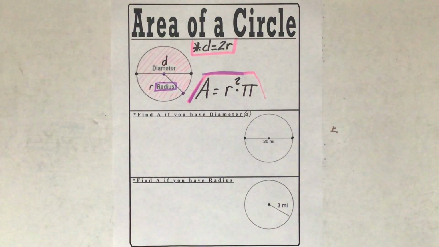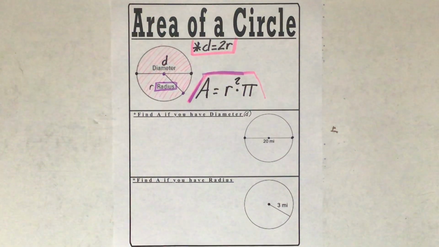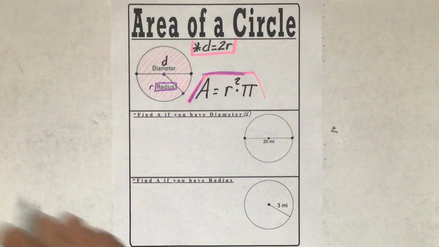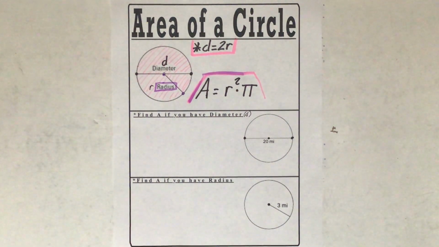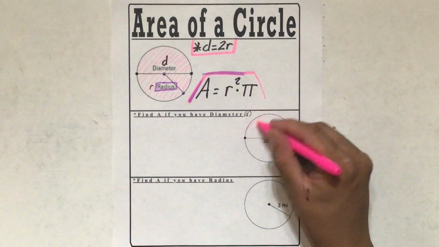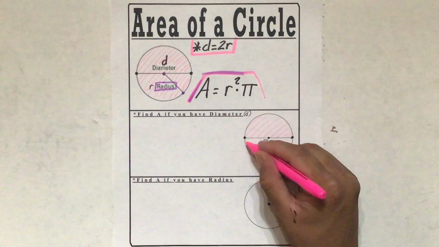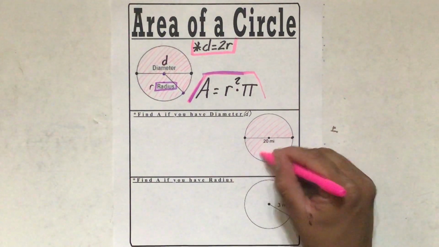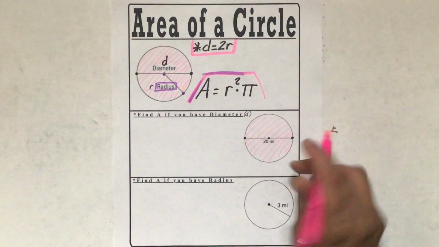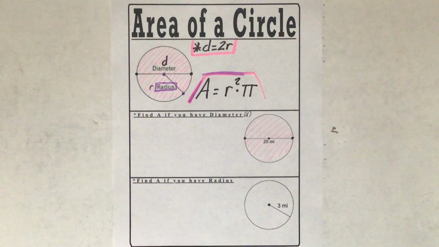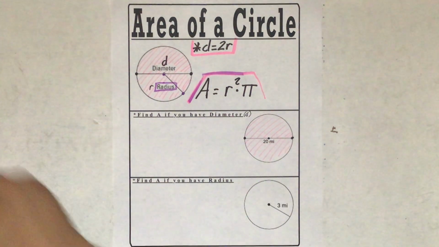So that's a pretty big circle, right? They want to know how much area is covered in that circle. So like radar, they use it a lot like this. How much area is in here?